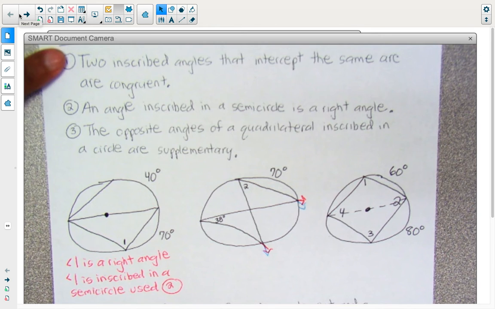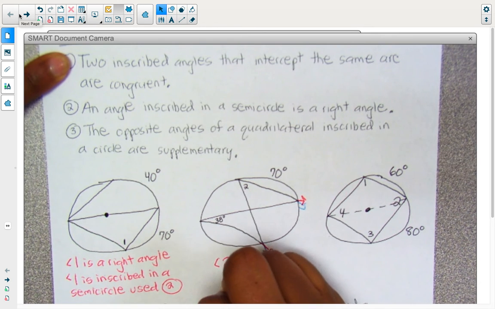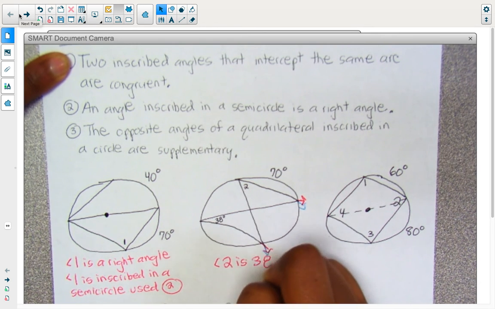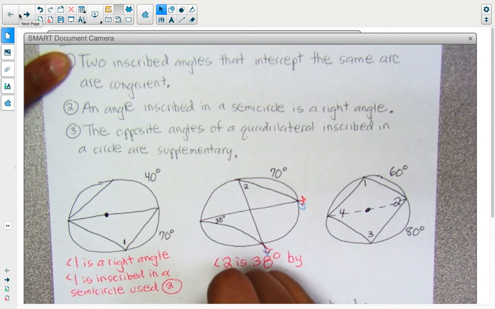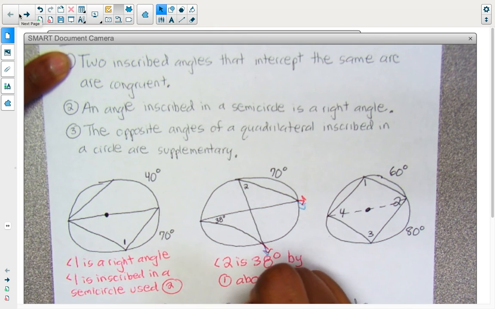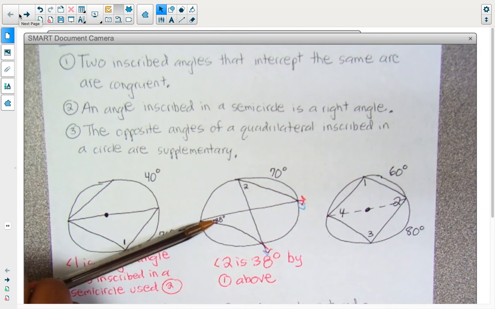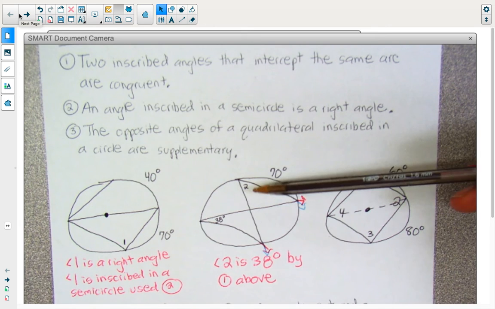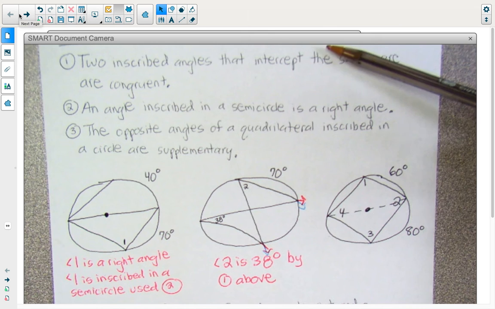Number 1, where my finger is tapping, says 2 inscribed angles that intercept the same arc are congruent. So angle 2 is 38 degrees, and I know that by number 1 above. 2 inscribed angles, which I have: the 38 angle is an inscribed angle, and angle 2 is an inscribed angle, intercepting the same arc.